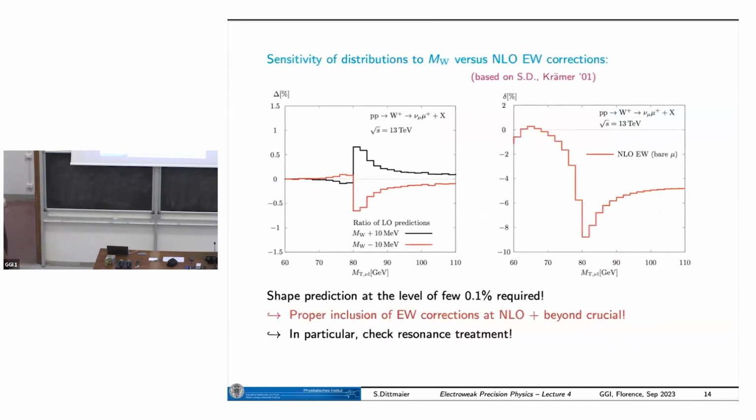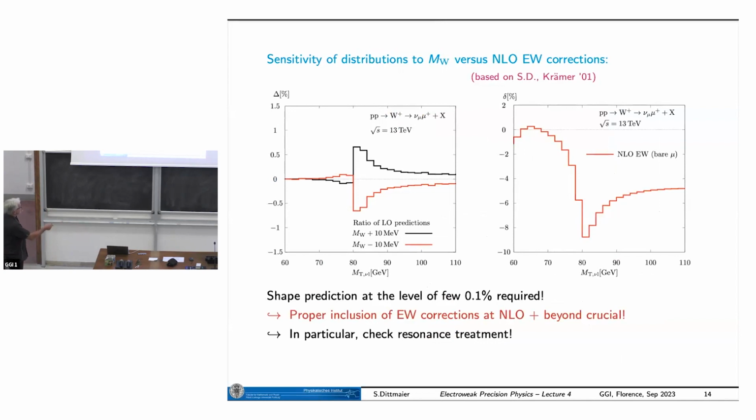Let's just look into typical results for corrections. This is for the W boson, the MT distribution. Again, you see something like a radiative return. Above resonance, you see just corrections of a normal size. On resonance, you radiate away actually your events, so you get a large negative correction, and they show up as a lower tail here.